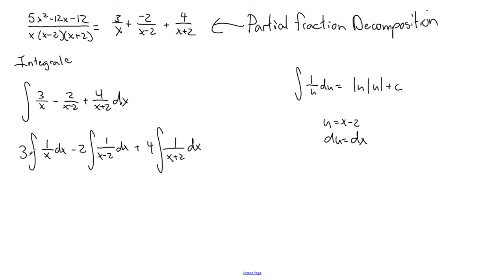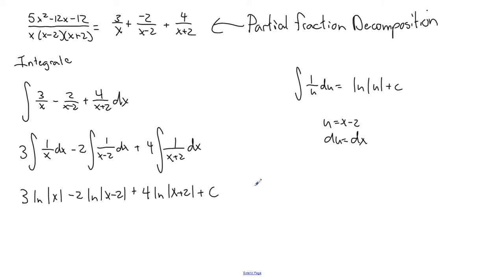So that's a good thing that we don't have to worry about. And I can just do all of the ln's without any more substitutions. So this becomes 3 ln of the absolute value of x, minus 2 ln of the absolute value of x minus 2, plus 4 times the ln of x plus 2, and then it's plus some constant c.